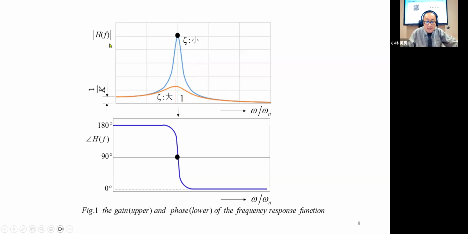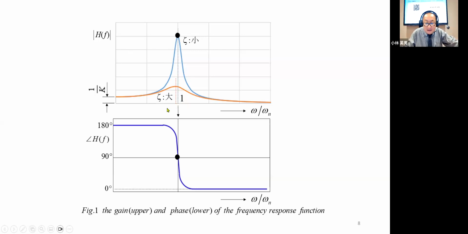So as for the maximum value of the frequency response function, okay, at omega by omega n almost equal to 1, the maximum value of the gain of FRF is given like this.